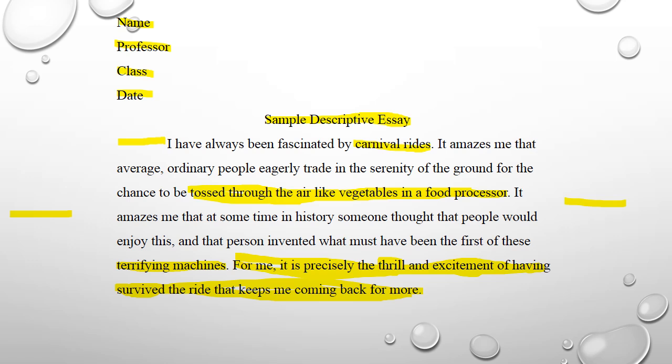paragraph in this essay. First of all, notice that it is properly formatted. It is Times New Roman font, size 12 or 12 point, although it's a little bigger here for these purposes.